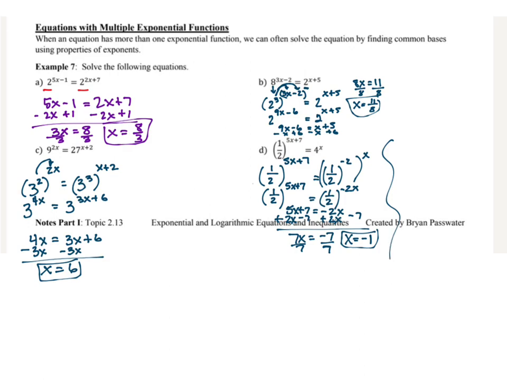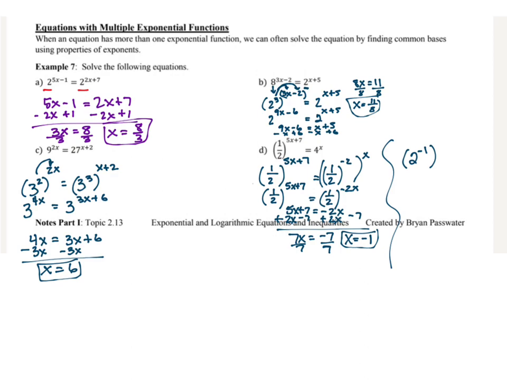Okay, I did this problem, letter D, alternatively. Instead of trying to take 4 down to the base of 1 half, I brought the 1 half up to base 4. Actually, I brought it to base 2. You need to flip it. So let it be in base 2. So 2 to the negative 1 flips it.